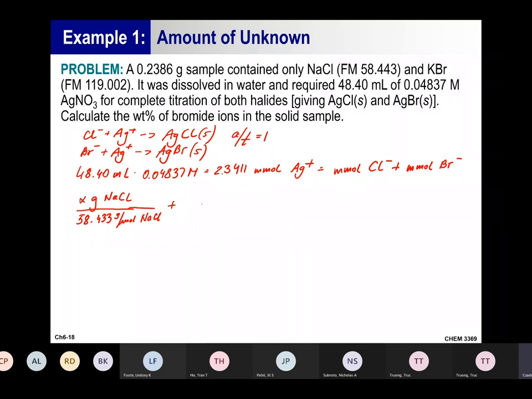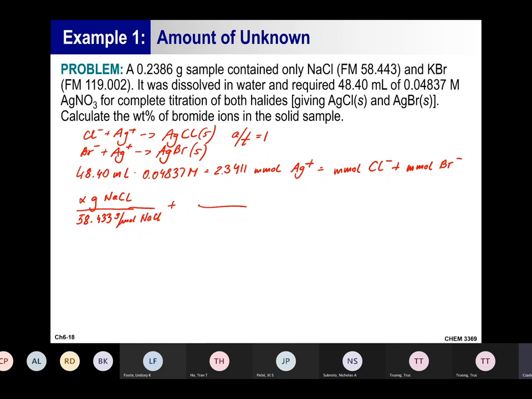Okay, so now what are the moles of KBr? The moles of KBr would be the mass of KBr divided by the formula weight for KBr. And the moles of KBr will be equal to the moles of Br minus. Okay?